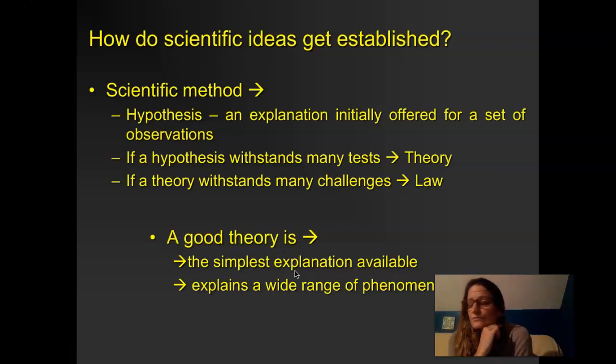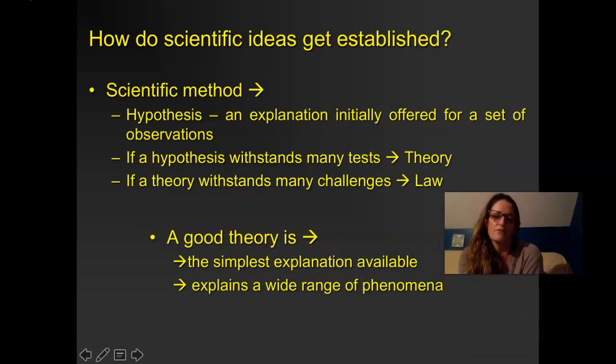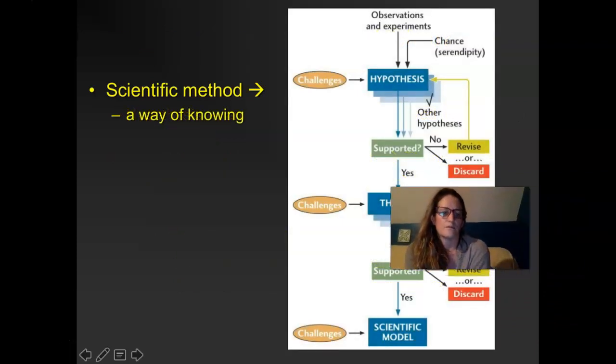If over long amounts of time it still is not disproven, then that theory becomes a law, right? Like the law of gravity is the example we always use. A good theory is a simple explanation of something, and it also is going to explain a wide variety of phenomena.